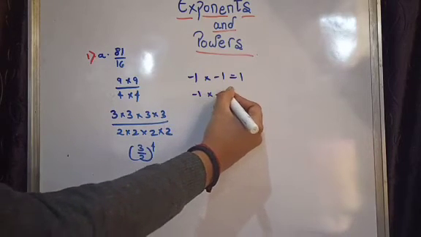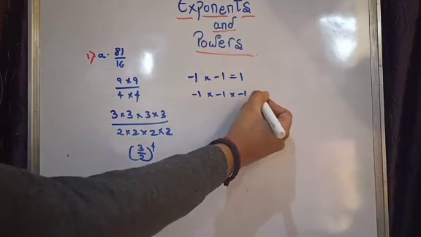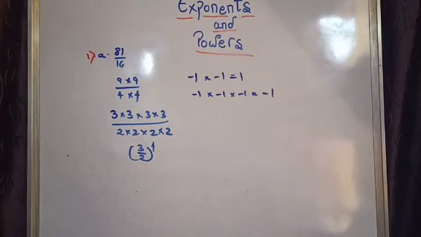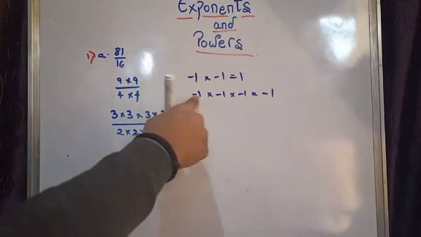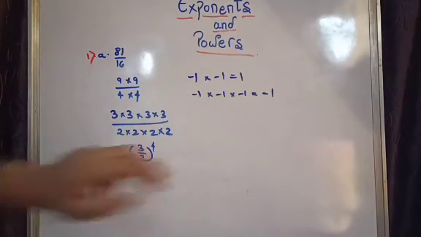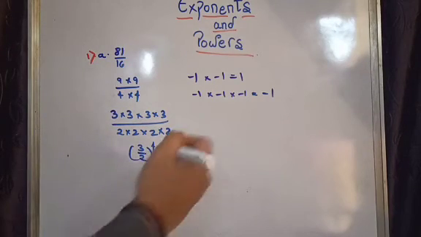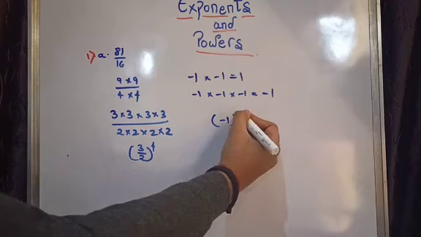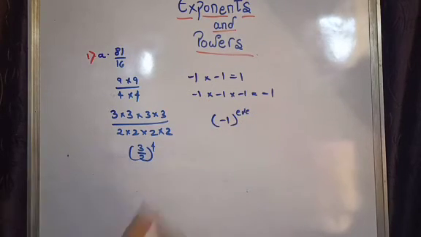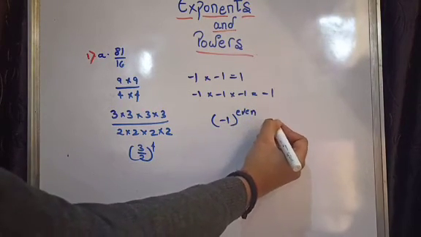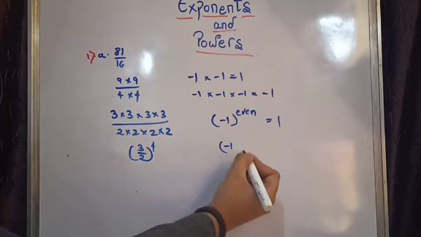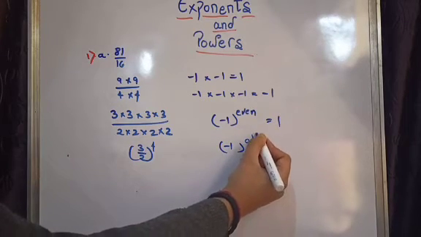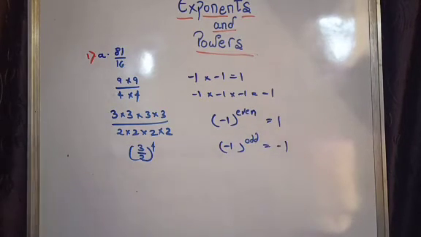Minus 1 multiplied by minus 1 multiplied by minus 1 will result in minus 1, because this gives 1, and 1 multiplied by minus 1 gives minus 1. So one more thing: minus 1 to the power of any even number will always result in 1, and minus 1 to the power of an odd number will always result in minus 1. I have told you this concept.